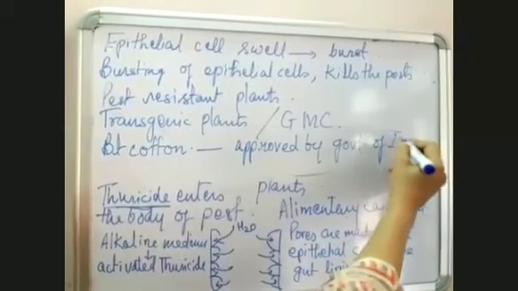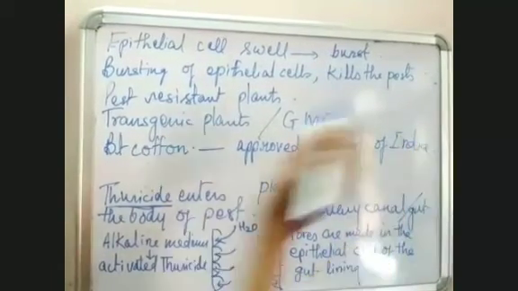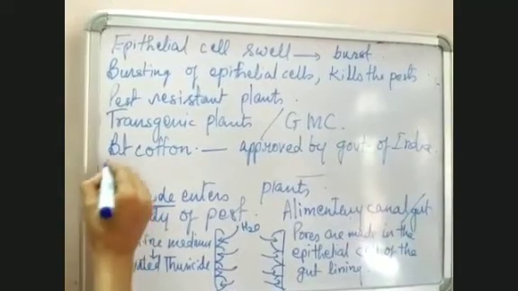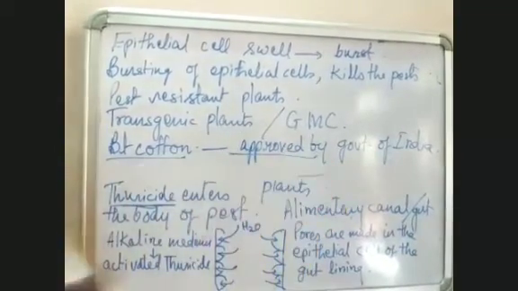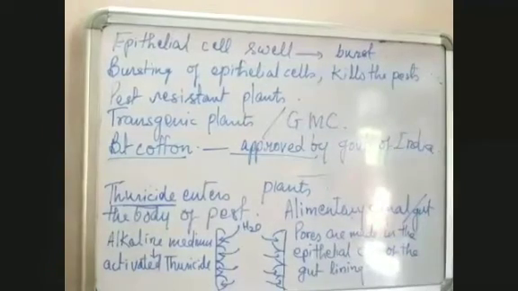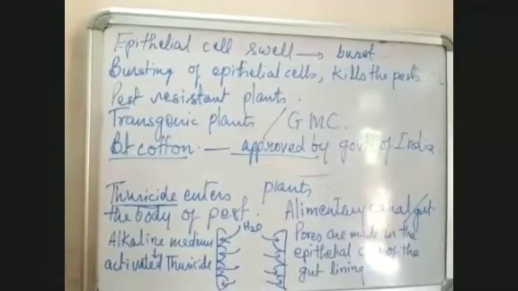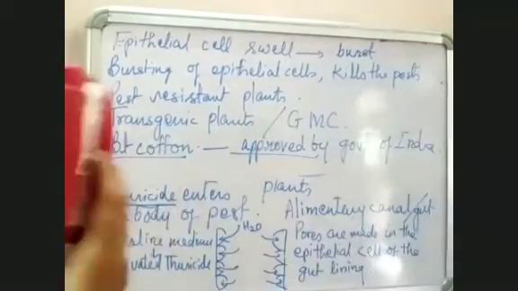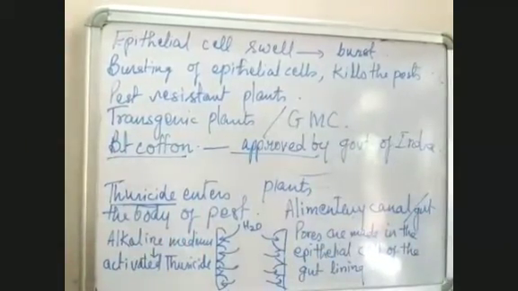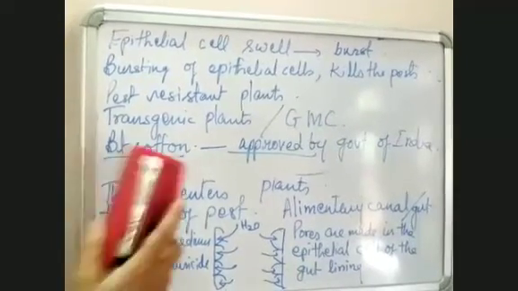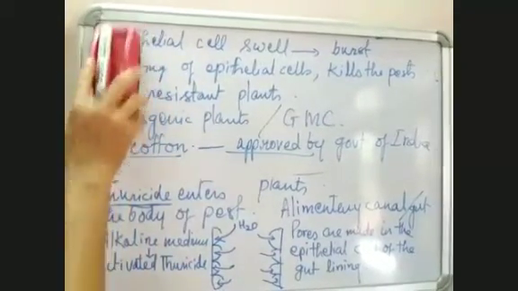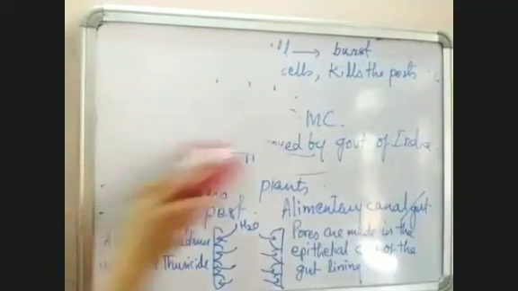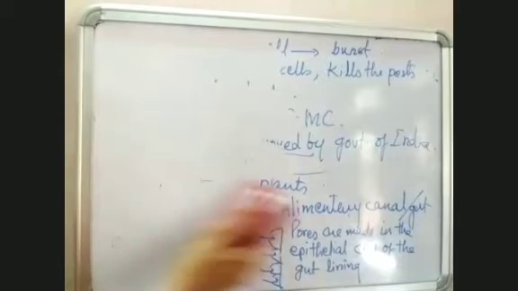Government of India also approved this crop, and this was the first crop approved by the Government of India, and now this is being used extensively in the country. So this is the BT cotton, which was first of all obtained by the people who were working with biotechnology. Then it was approved. So this was about the use of Bacillus thuringiensis in developing pest-resistant plants.